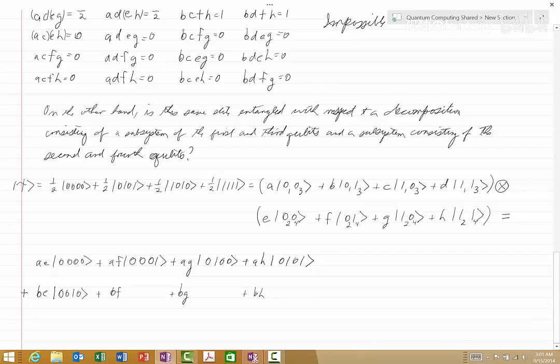For BF we have 0011. BG is 0110, and BH will be 0111.